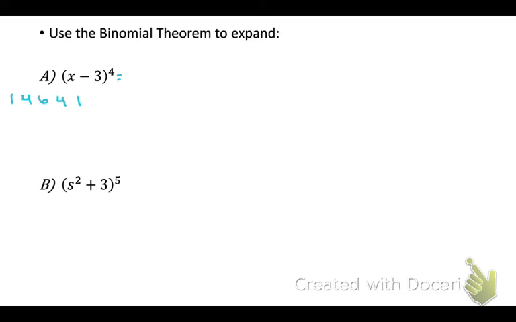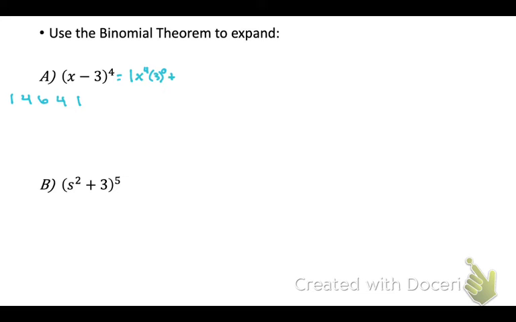So it's going to be 1x to the fourth and 3 to the 0. And I'm going to put parentheses around it for a reason. You're going to see why.